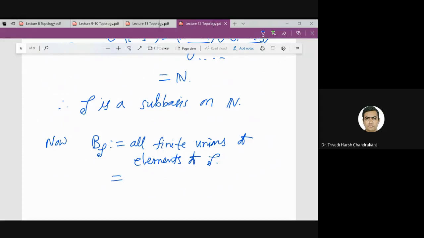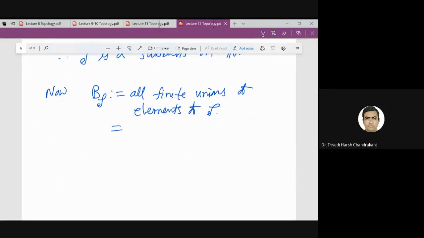Power set of N. Let us try to verify that. Finite, it is finite intersection. Yes, you are right, again I made a mistake. It is finite intersection. Thanks for reminding me again.